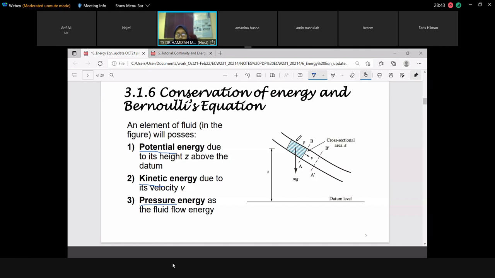So it moved from B to the change of B with the velocity B. Okay, so we have point B change to point B, point A will be changed to point A. So this fluid ada juga mg, ada weight, and that is elevation for this stream tube. Okay, and then we have also the datum levels where this is the highest and the lowest part of the pipeline.